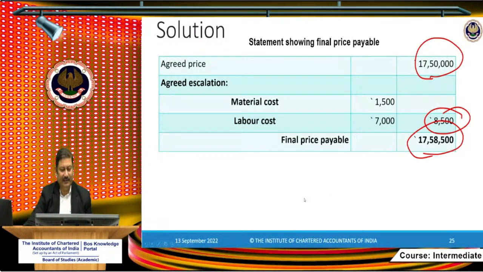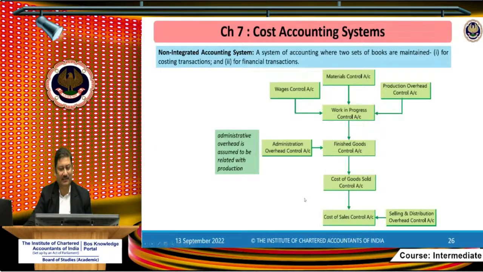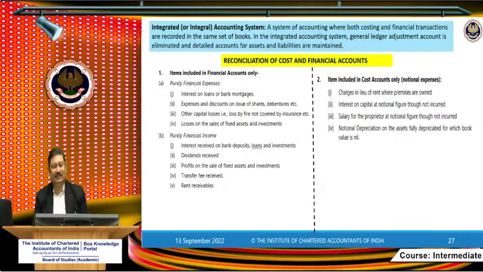Now taking on some of the other chapters, cost accounting system, please be very particular about the questions of reconciliation of accounts between financial accounting and cost accounting. You should know how the reconciliation has to be done, and what the items are which are included in financial accounting.